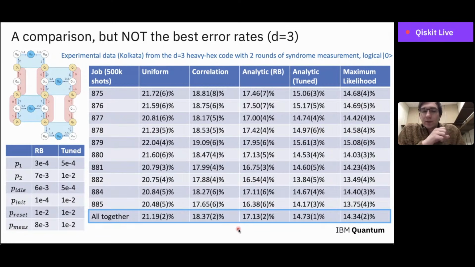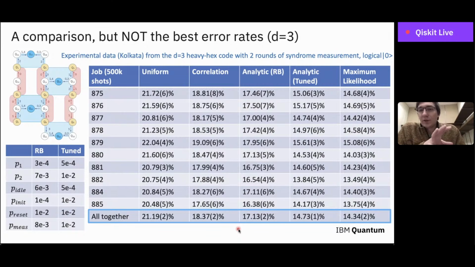Again, the maximum likelihood decoder is taking into account the hyperedges, whereas the matching decoder is not. So we expect improvement, and that's what we see in this experiment on our Kolkata device.